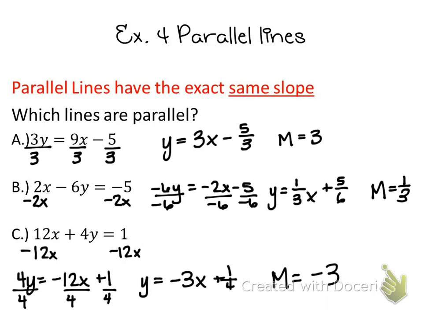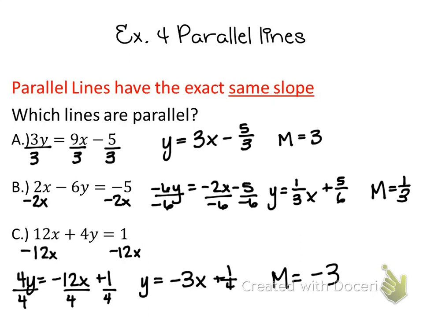Negative 3. Are any of these lines parallel? No, they are not. So actually none of them are. Now, if this first equation would have had a slope of negative 3, then this one and this one would have been parallel. Or if the bottom one would have had a slope of positive 3, then the top and the bottom. So in order to be parallel, they have to have the same slope.